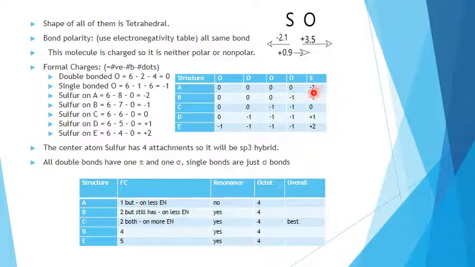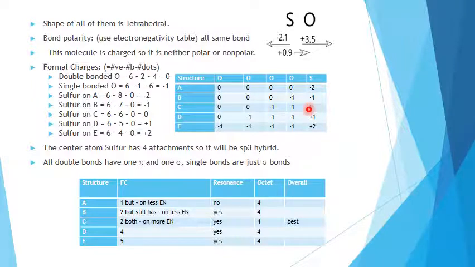Let's look at formal charge and how it's situated. So look at B, C, and D. B also puts a negative formal charge on sulfur, and I really don't like that.